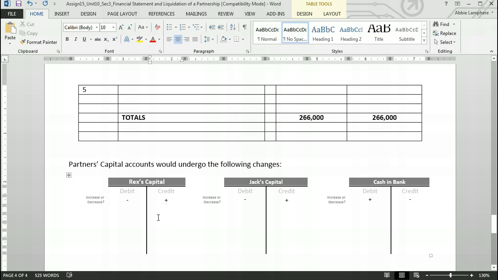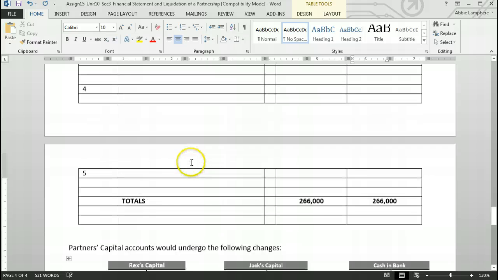So we started out with a $59,250 balance in our capital accounts. We can stick that in the credit column because that was our balance. And we had a $20,000 balance in our cash and bank.